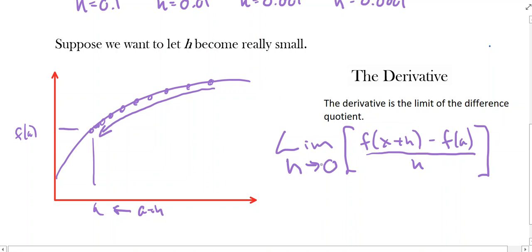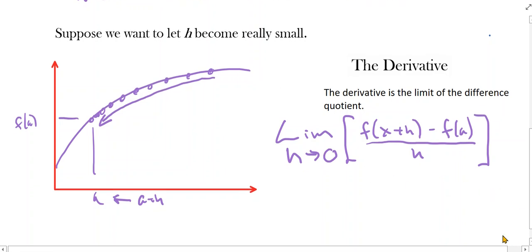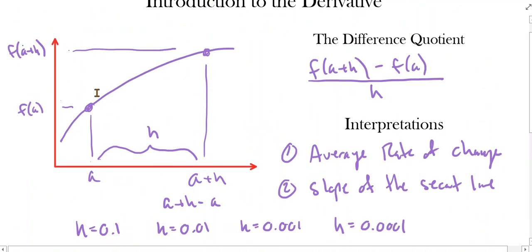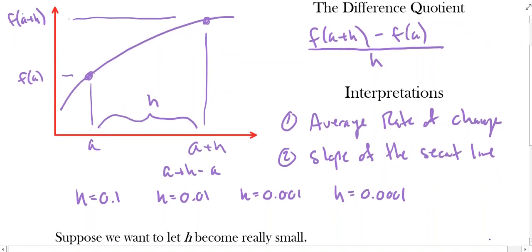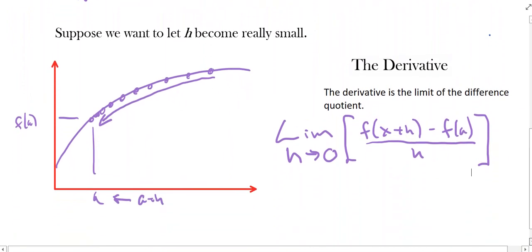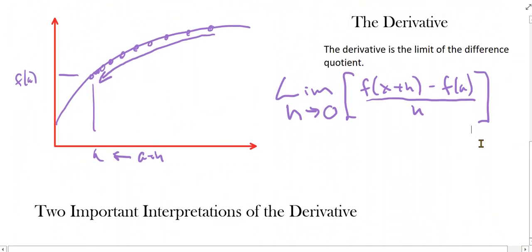All right, so you may be thinking, well, why would we want to do that? Well, one of the reasons is because sometimes we're interested in knowing what is going on not between 2 points on a graph. 2 points on the graph, as we know, gives us average rates of change and the slope of a secant line, but sometimes we're interested in knowing what is going on at a single point on the graph.